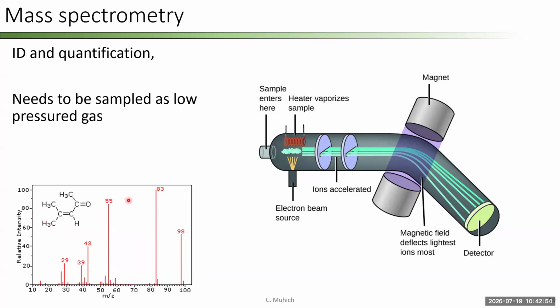If we know that limonene has maybe 83, and linalool has a strong signal at 55, and they don't overlap, we could use those mass to charge ratios to distinguish these in a flow and really measure them.